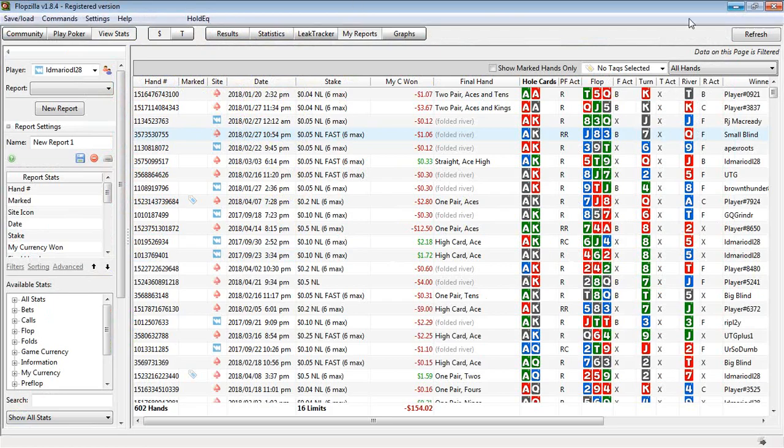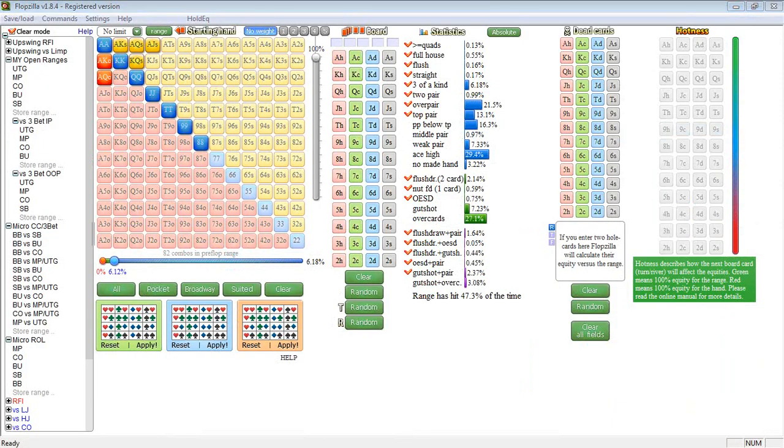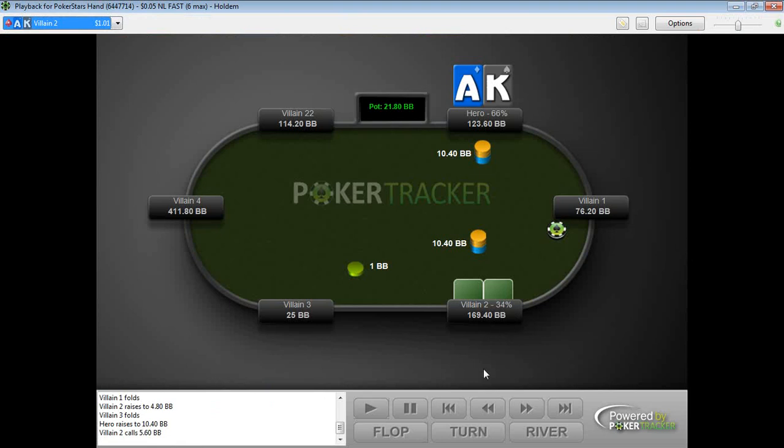I don't think I have a calling 4-bet or folding to 4-bet stat. I should add a fold to 4-bet stat just so I have an idea for the population reads on fast fold poker.